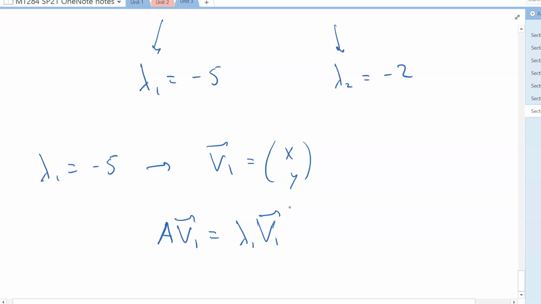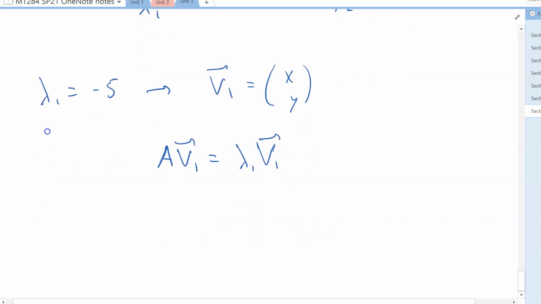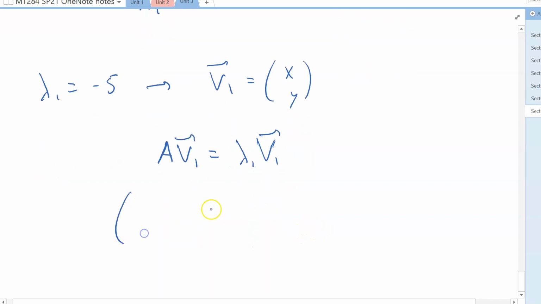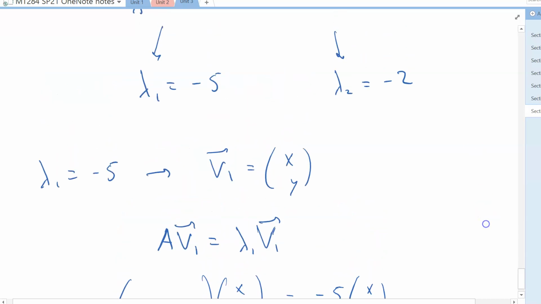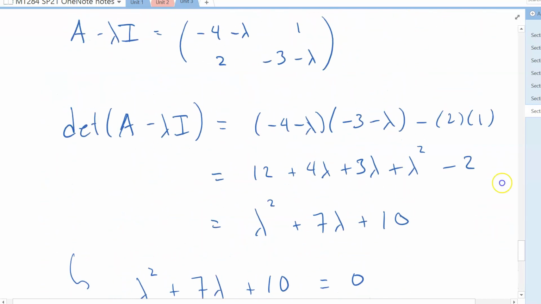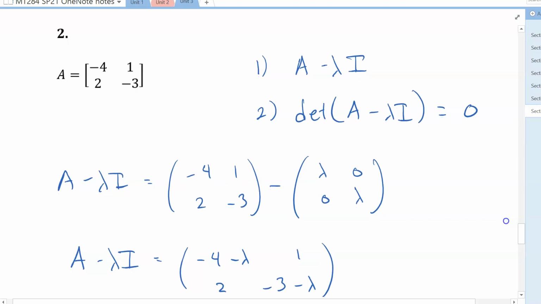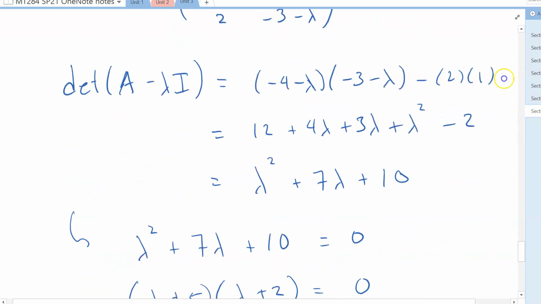Then we're going to put in here the matrix and the eigenvalue, which is negative 5, and x, y for v1, again a generic vector. If we forget what our matrix was, just go back. It was 4, 1, 2, negative 3.